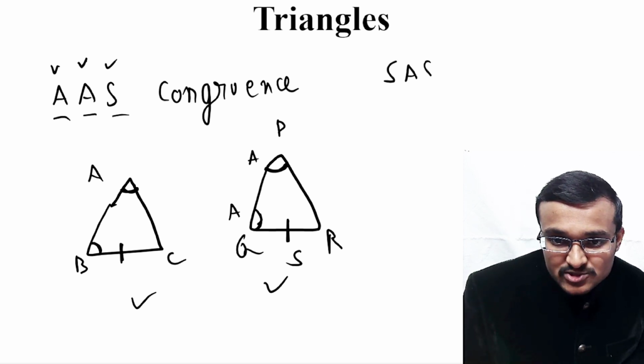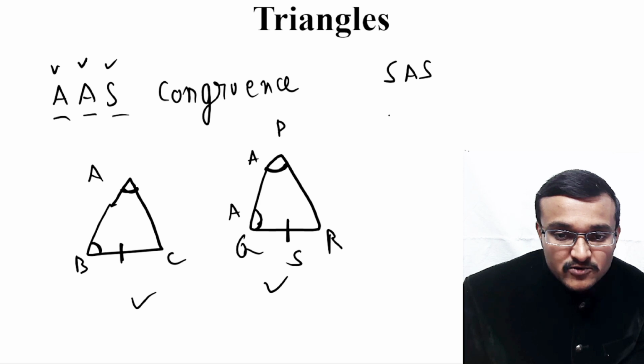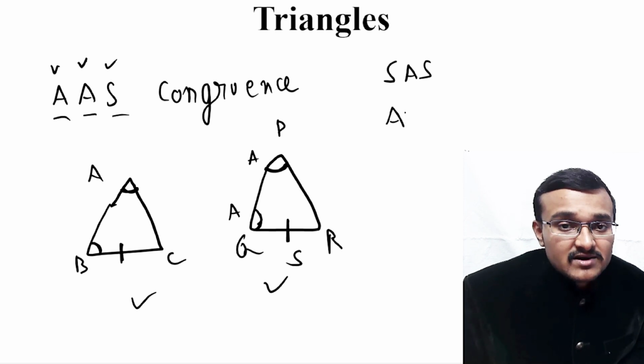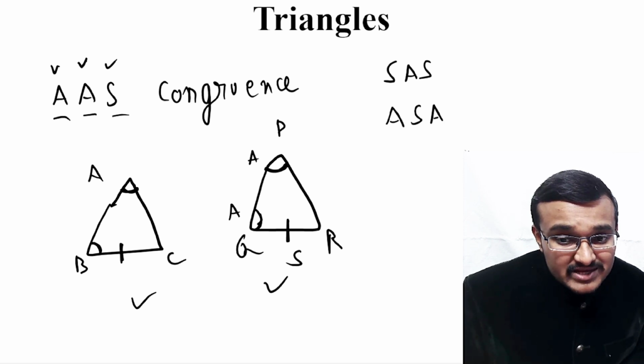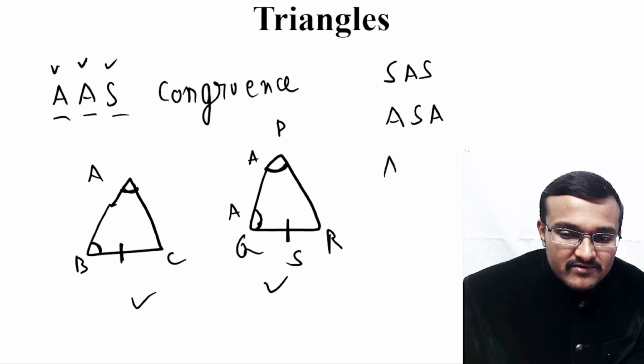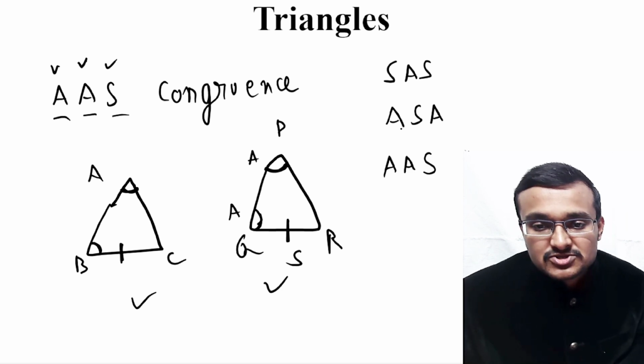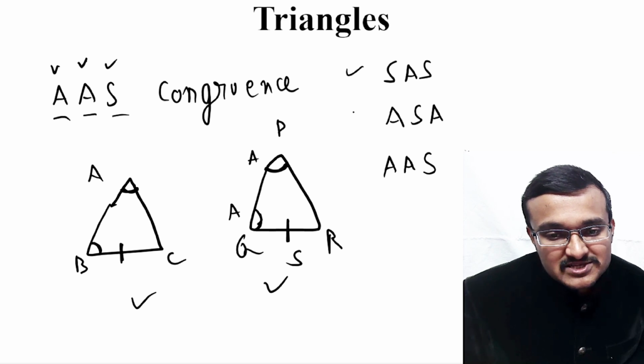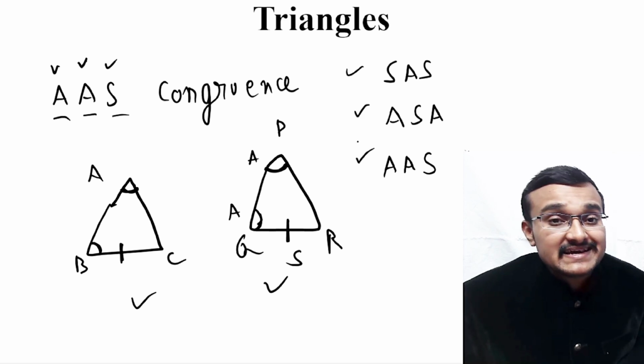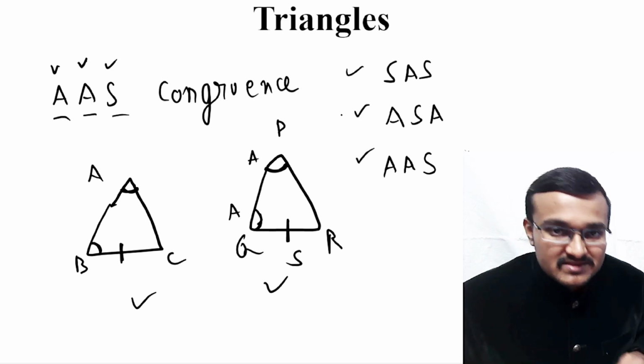Now we have looked into SAS congruence in my previous video. In this video, in theorem 7.1, we have learnt about ASA congruence. Now you just remember AAS congruence as well. So SAS congruence rule is there, ASA congruence rule is there, AAS congruence rule is also there.